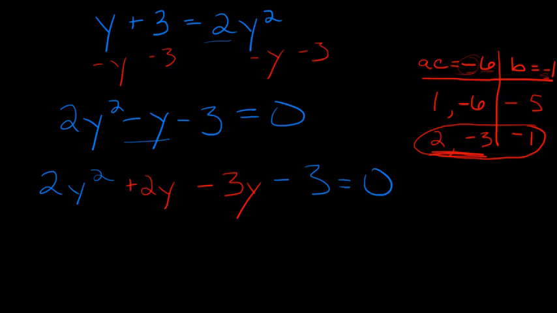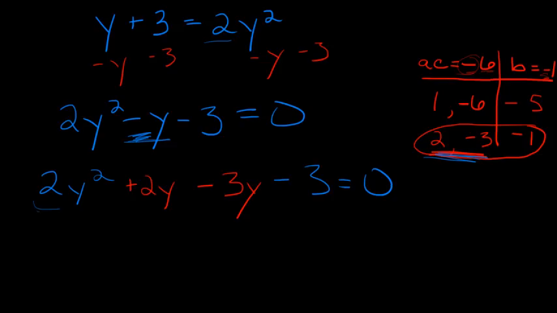Notice what I did. I took this coefficient, which is a -1, and broke this term into two terms using these as our two coefficients. I know I can do that because this whole table is designed to make this work. So now I've got a 4-term polynomial. I'm going to factor by grouping.